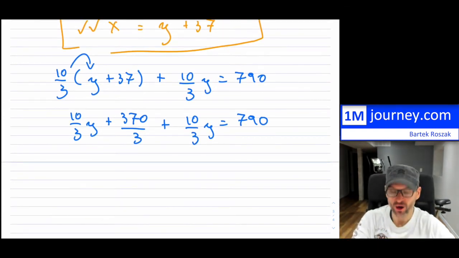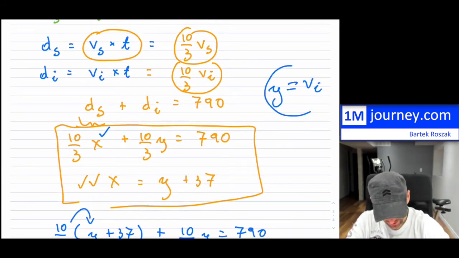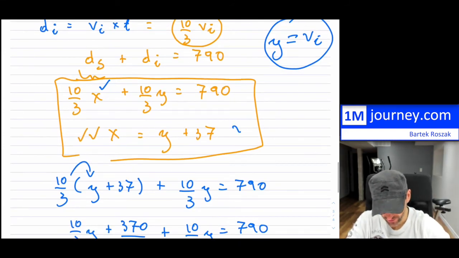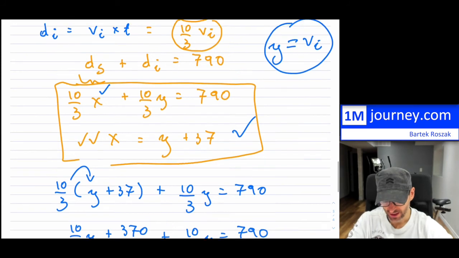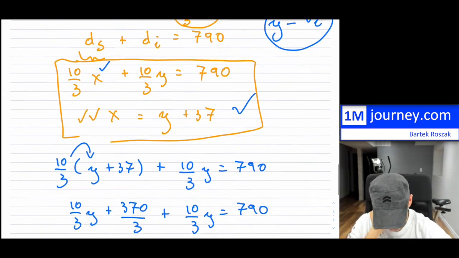Now, my Y that I'm solving for, remember what I said, Y was just Isabella's speed. Once we have Isabella's speed, we can find out what Sabrina's speed is. And then, since they're asking for distance, we can find the distance, because the distance is just your speed times the time, which is 10 over 3, which is 3 hours and 20 minutes. All right, so that's what we need to do.